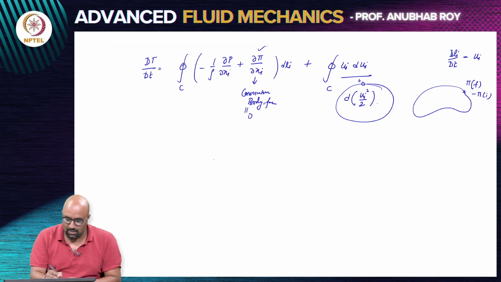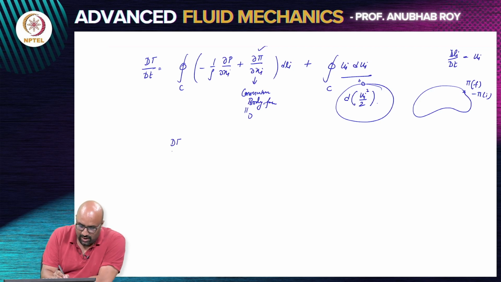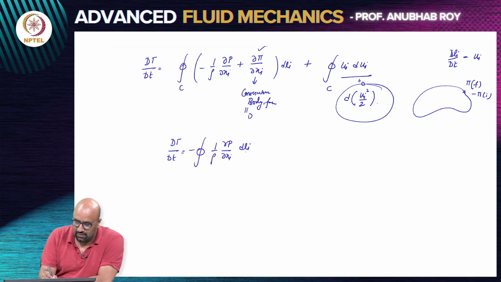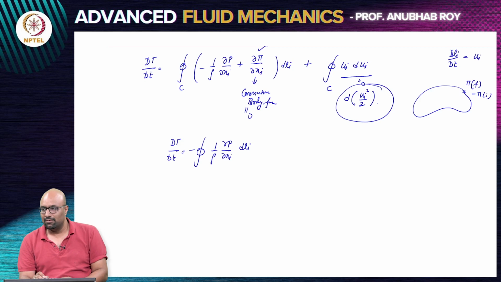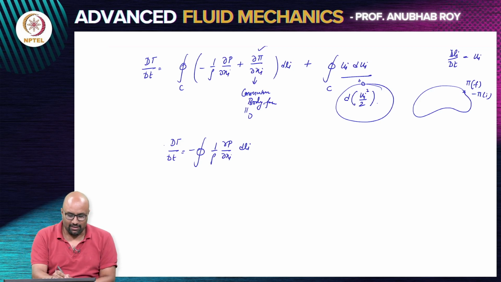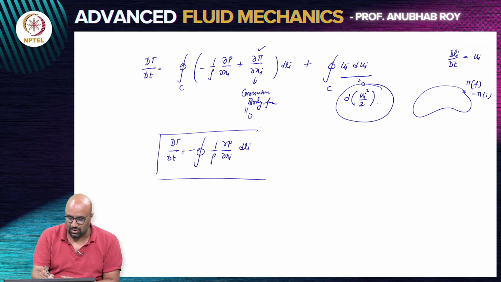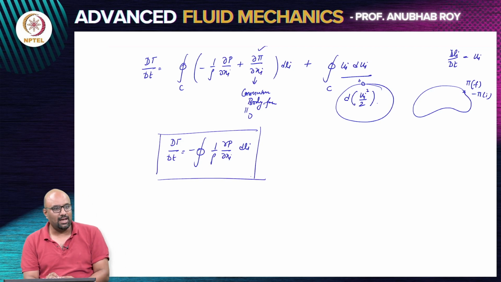So, both these terms go to 0. We are left with one single thing: in absence of any non-conservative effects, any viscous effects, the rate of change of circulation will be given by the pressure gradient and density in the following form.